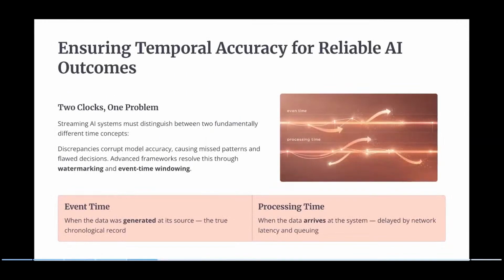Now let's see what the slight problems are with true streaming. One huge problem that we have been seeing is temporal accuracy. So what does it really mean? Imagine this: you went to amazon.com, the homepage, at T0.